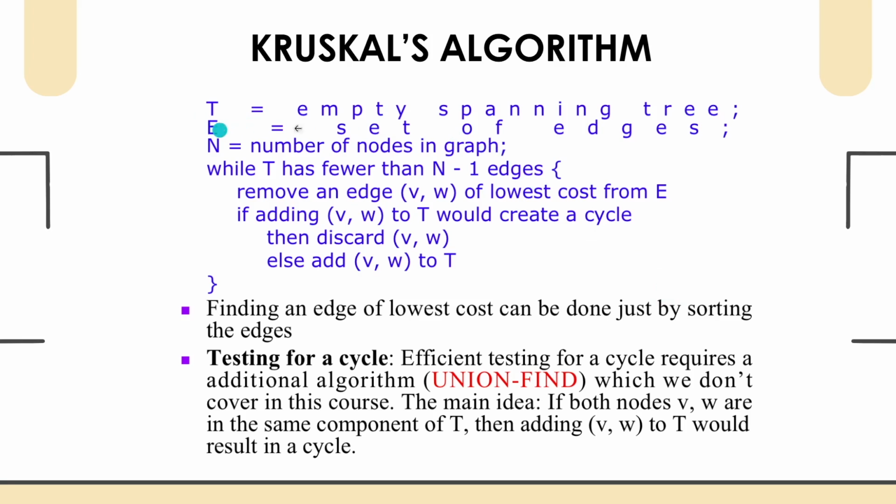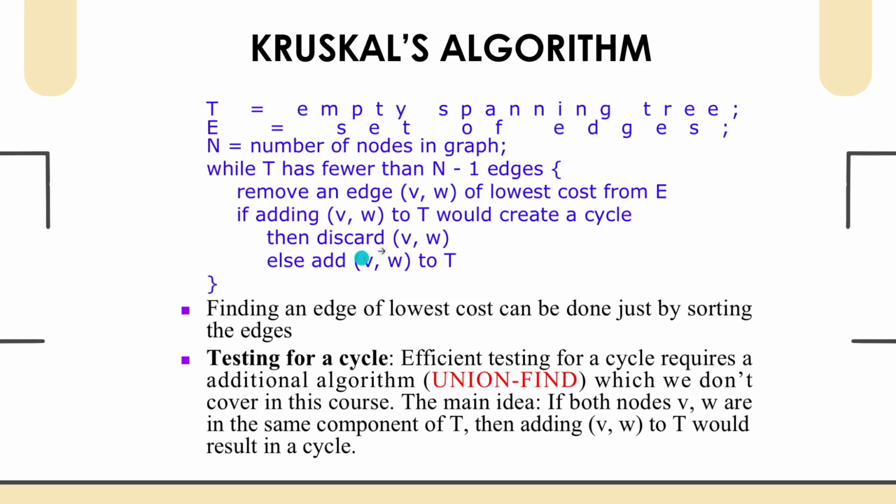So, this is how Kruskal's algorithm works. Initially our T would be an empty spanning tree and E would be the set of edges that are available on that graph, and N is the total number of nodes or vertices available on a graph. While T has fewer than n minus 1 edges, we are going to remove an edge of lowest cost from the edge set E, and we are going to check if I add the new edge, that is the edge between the vertex V and W to T, would it create a cycle?